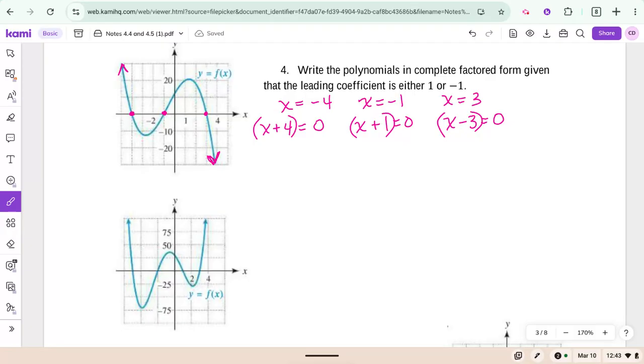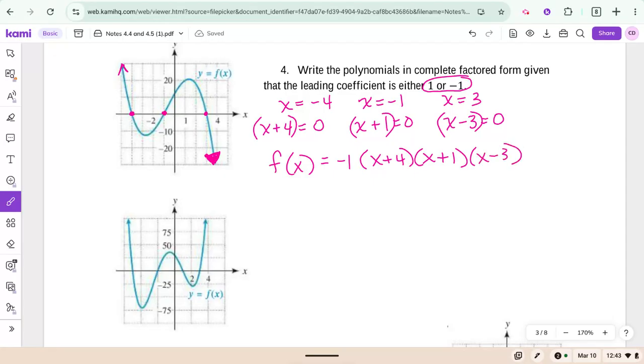We're supposed to decide if the leading coefficient is 1 or -1, and that's how I tell. Look at your right end. Your right end is pointing down. So I know the leading coefficient is a -1. And then I can put my factors, x plus 4, x plus 1, and x minus 3 in any order.